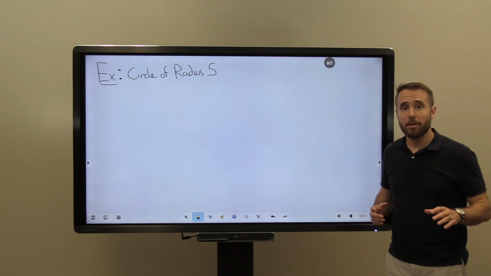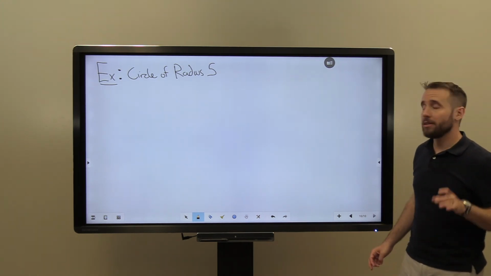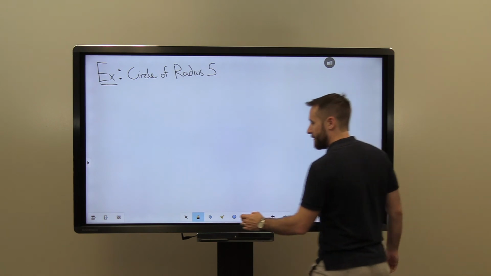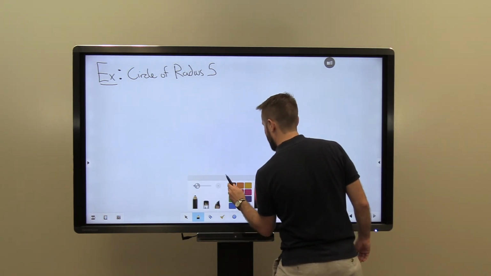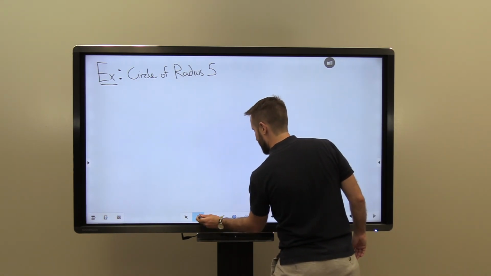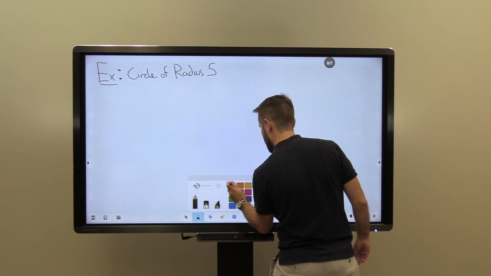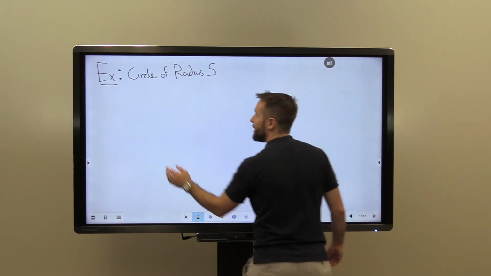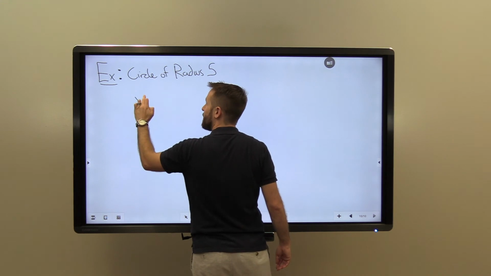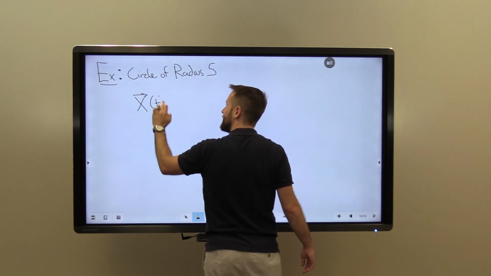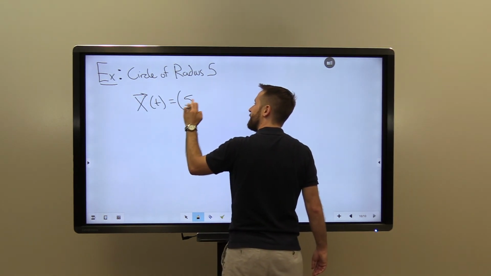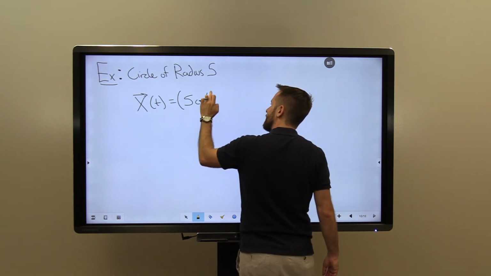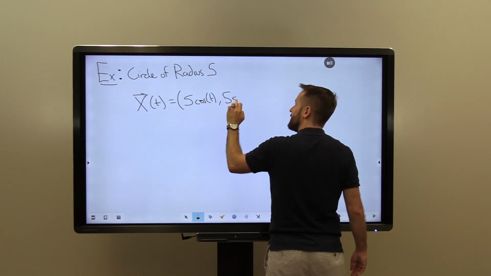Okay, so as an example, let's consider the circle of radius 5, which I'll go ahead and just draw up here. The circle of radius 5 is going to be given by the parameterization capital X of t is 5 cosine of t, comma 5 sine of t.